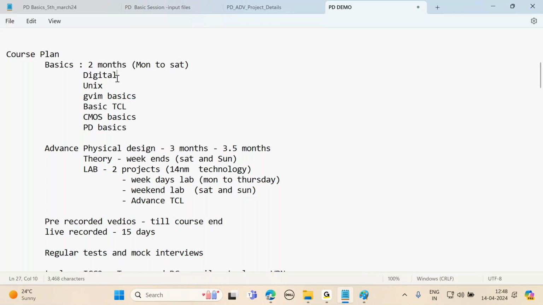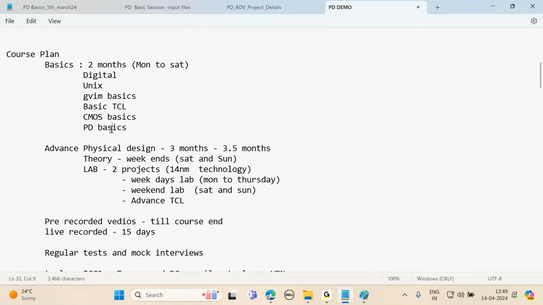If they ask you to write the structure for a mux, and you say you don't know, then the interview is gone. If they ask to write the structure for a D flip flop, or the difference between asynchronous and synchronous design, and you say you don't know, the interview is gone there. For that reason, digital is important. Apart from that, you can understand the advanced class only if you know TCL, CMOS basics, and PD basics. So first 2 months is basics, next 3 months is advanced class.